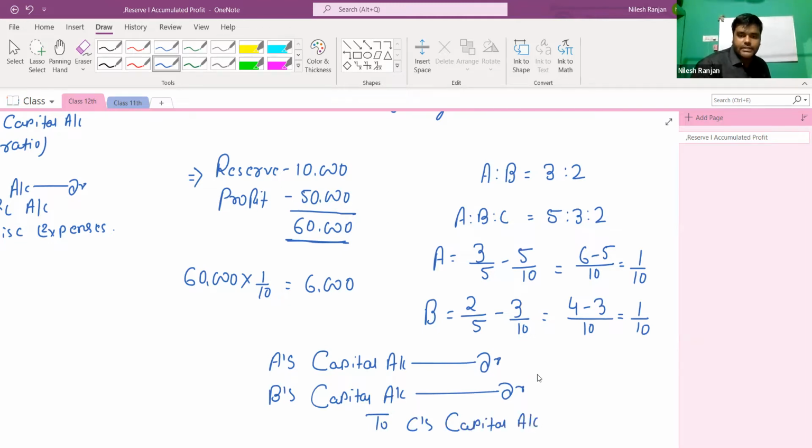Whatever they are sacrificing, they will get from C. So 6,000 A will get, 6,000 B will get, and C capital will be.